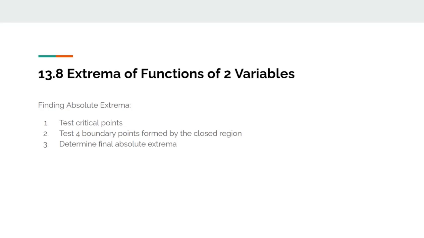The region could be a circle, and then we would have a circle of boundary points. I guess this is assuming that the closed region is a rectangle, which is not necessarily the case. But what this is saying is you test the interior of the region, and then you also have to test the boundary of the region.